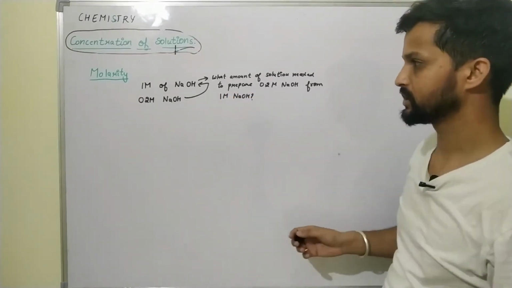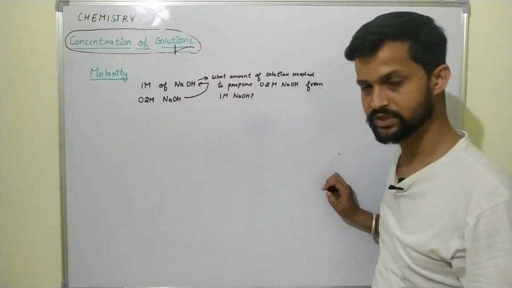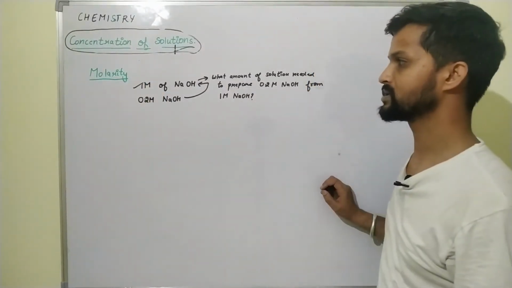So your simple question is you have to prepare 0.2 molar sodium hydroxide solution, and they have given you 1 molar NaOH.